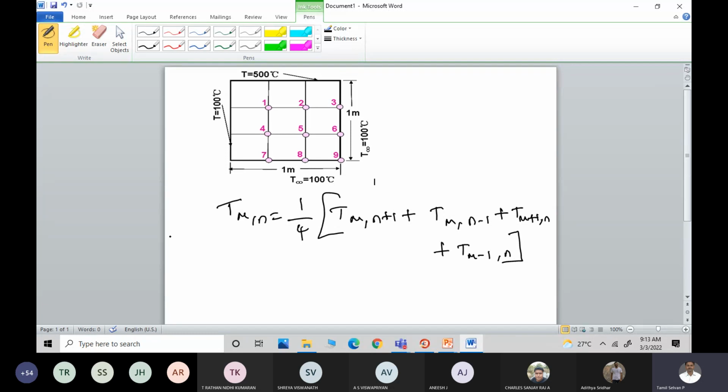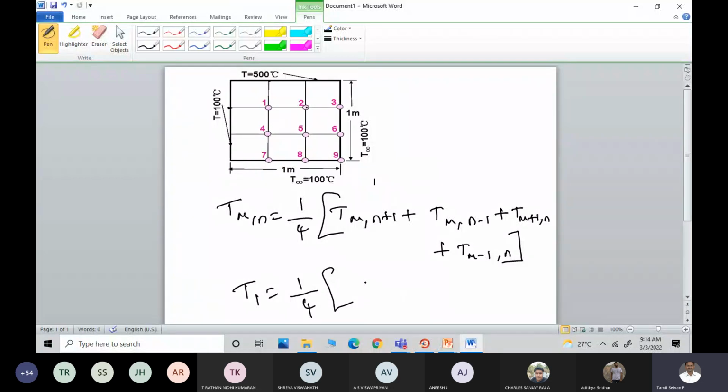So when we use this for T1, 1 by 4 of, now T(m,n) is this point. So we have to take this point, this point, T2 and T4. It is under the assumption that all these surface points were at 500 degrees and all these were at 100 degrees.